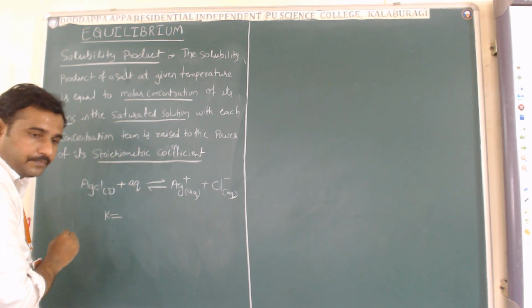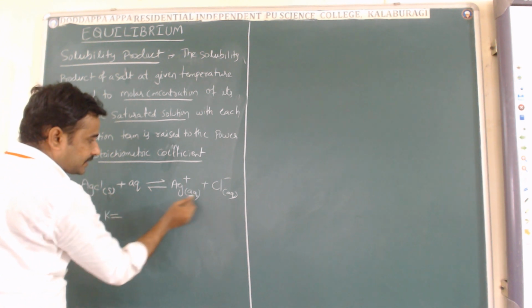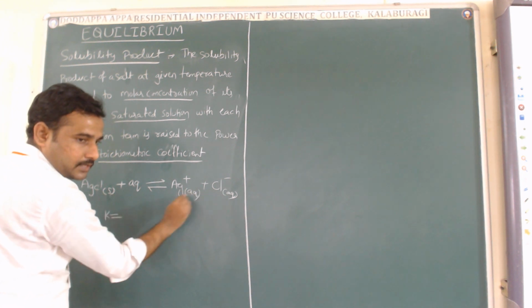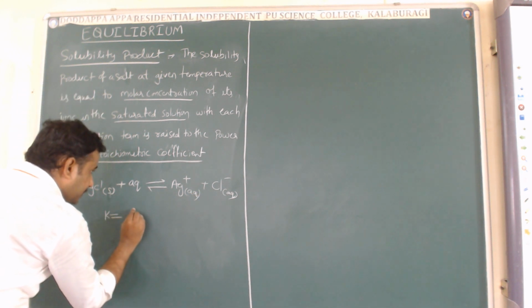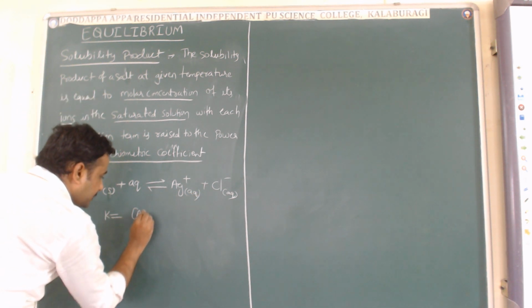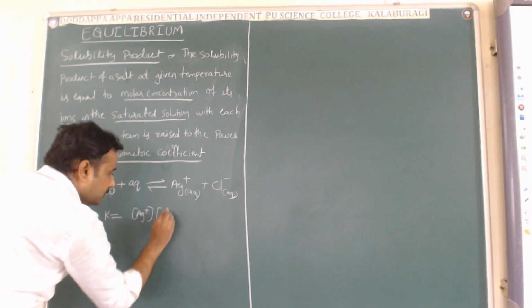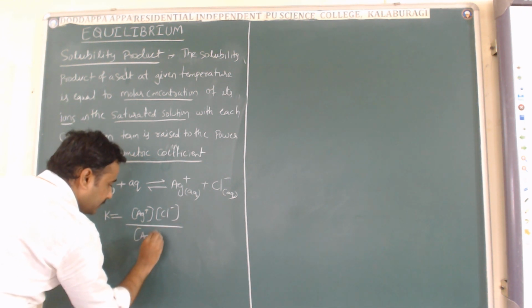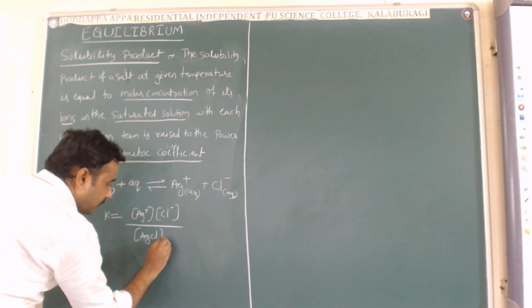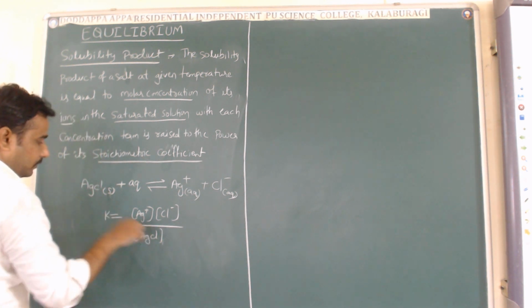These are the ions, and this is the molecule. So you first write the ions: Ag+ times Cl- divided by AgCl, which is in the form of a solid.